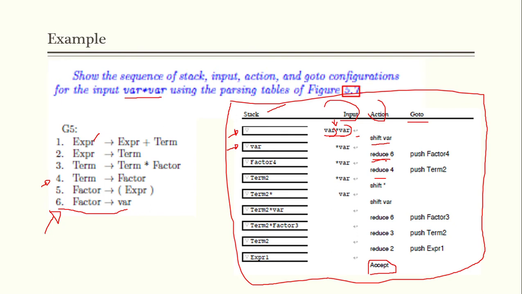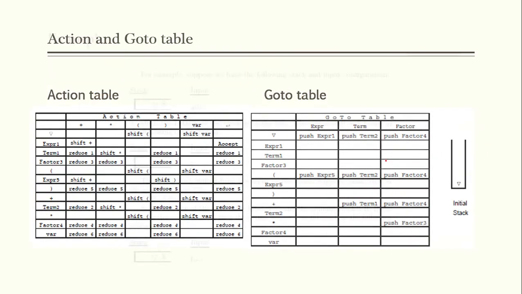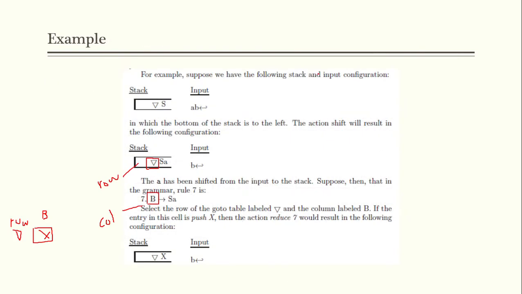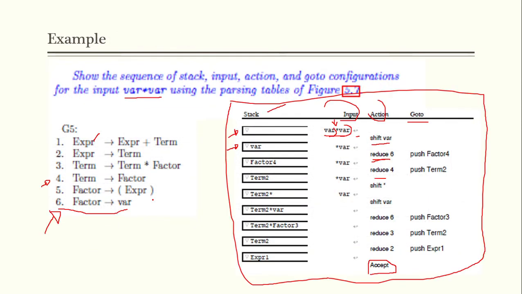In order to read the goto table, as I said, you need two pieces of information. The first is the one before the input symbol on the stack, and the other one is from the rules as a column. Let's look into reduce 6.